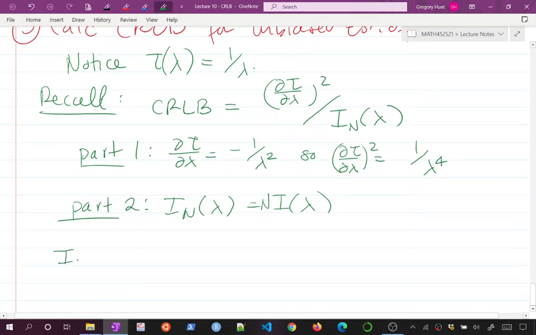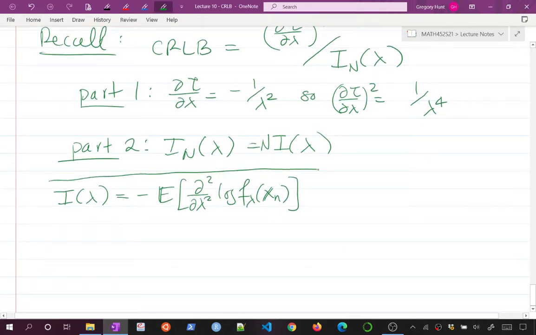The information from 1 sample about lambda is negative the expected value of the second derivative of log f lambda of x. I think we did this calculation last time, but let's just recapitulate it.